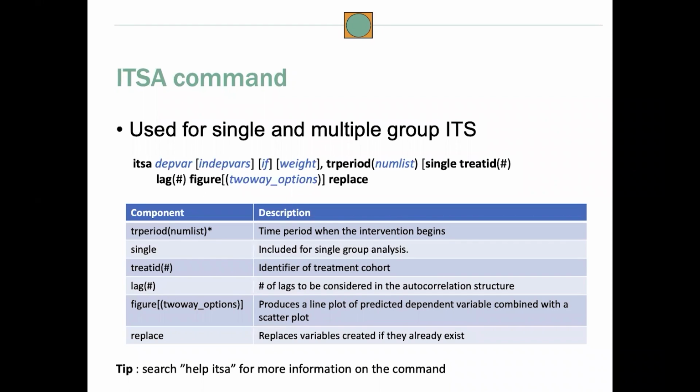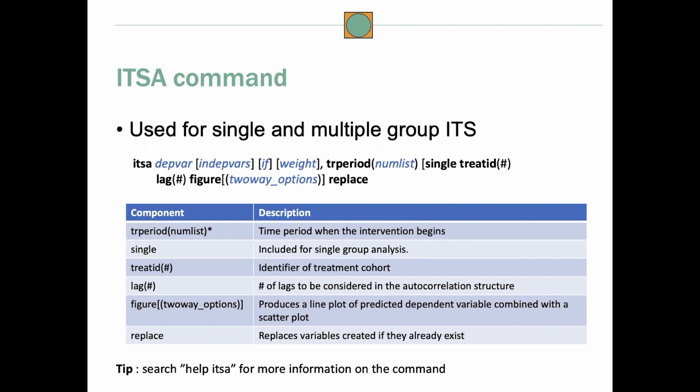The treatment period, TR period, specifies the time period when the intervention begins. The values entered must be from the time variable that we used when we declared our data set. Single tells Stata that we're running a single group analysis, and when you omit the word single, it runs it as a multiple group analysis.